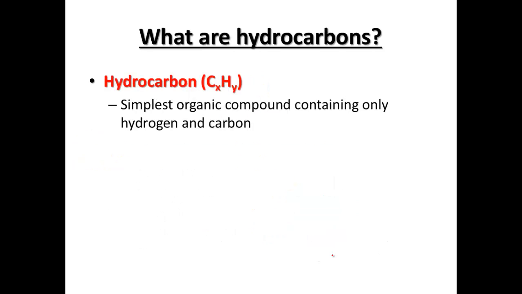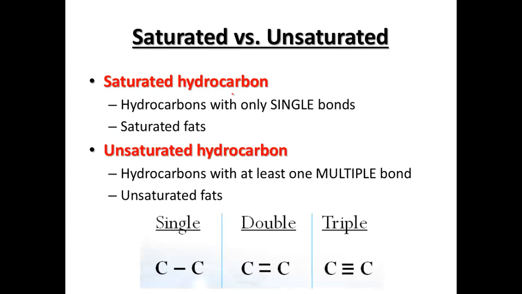Now, what are hydrocarbons? Hydrocarbons are the simplest organic compounds, containing only hydrogen and carbon. Hydro and carbon, simply hydrogen and carbon. Sometimes you'll see how many carbons to how many hydrogens we have in the ratio of those different compounds. We also have unsaturated and saturated.